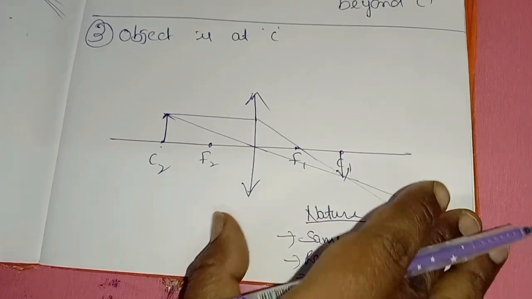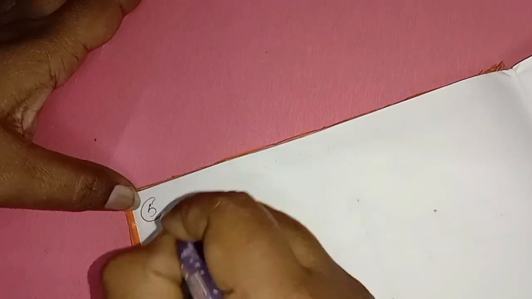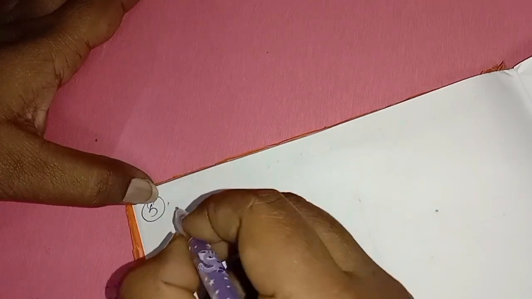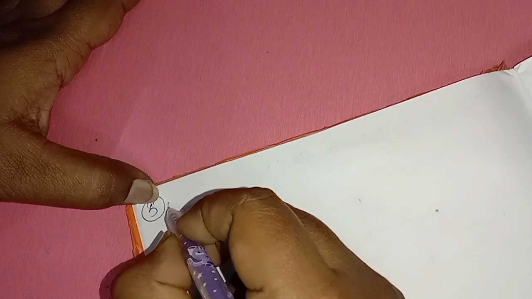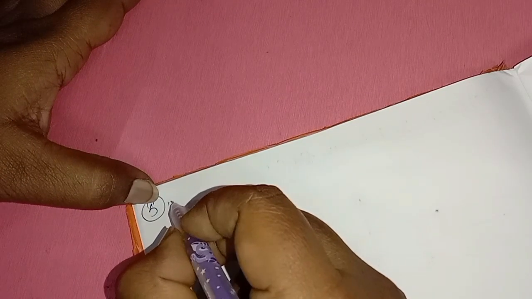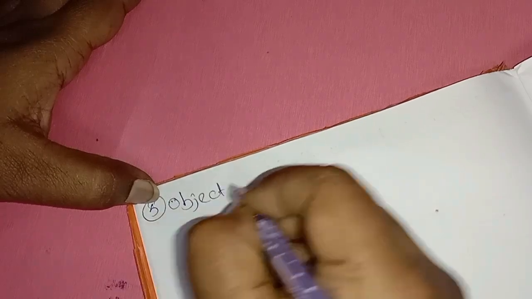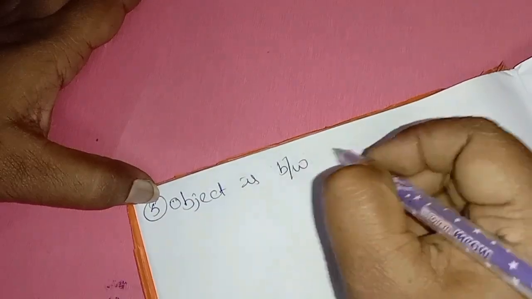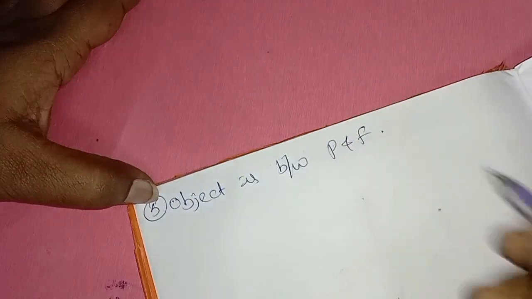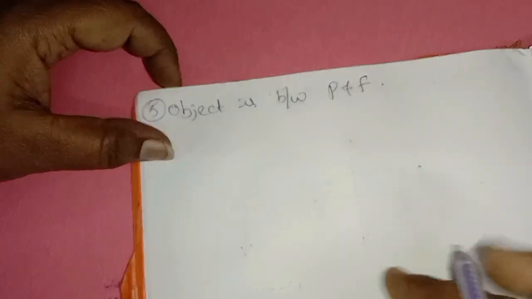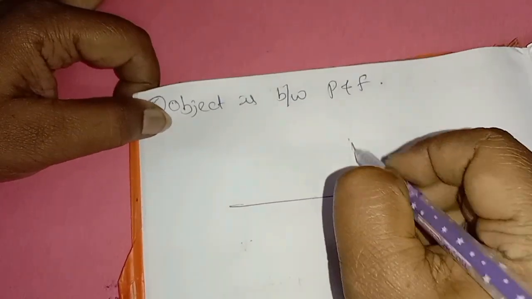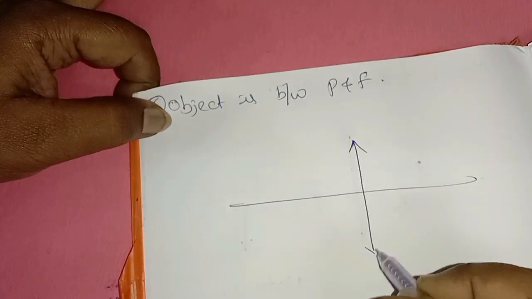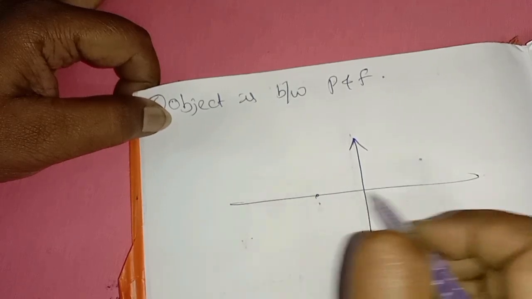Right? Next one, fifth case, the object is between P and F, optic center and focus. This is a little bit different.